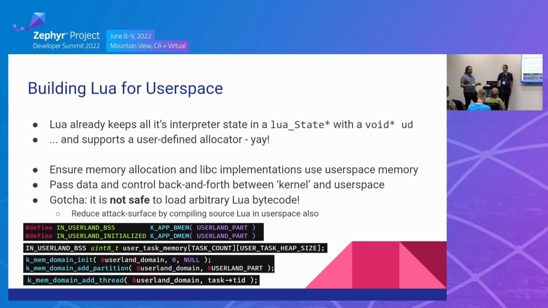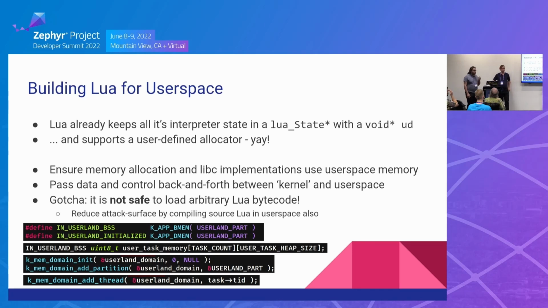You will get out of bounds reads and writes. So we also run the Lua compiler in userspace, and then we throw away all the debug information. Some of our applications involve persisting the Lua scripts to flash storage so that users can recall them. But then we can just save the bytecode and save a lot of space also. And we know it's completely safe then.